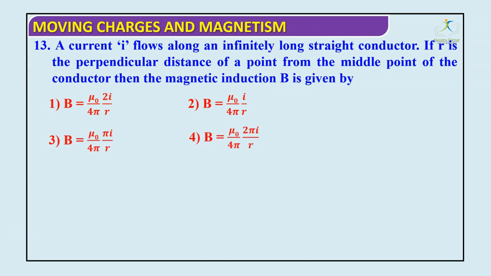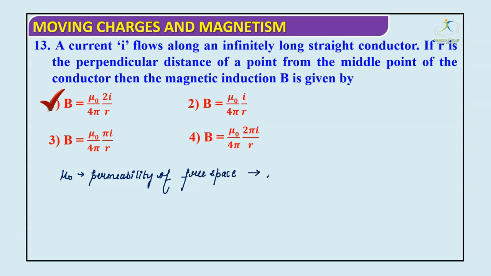So the correct answer for this question is option 1, which is B equals mu naught by 4 pi, 2I by R, where mu naught is the permeability of free space.